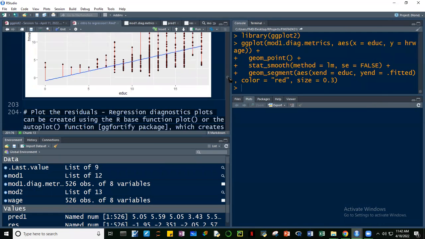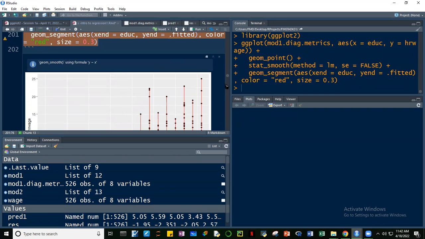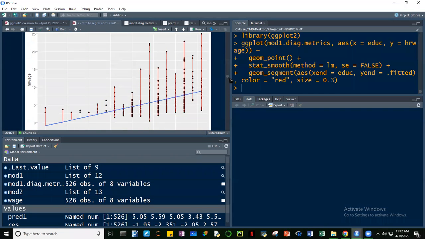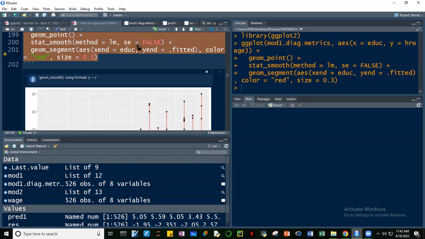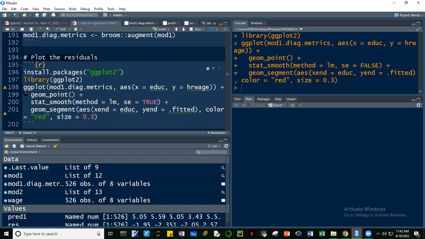All right, in Excel, guys, this plot is difficult to make. If you set se equal to TRUE, let's see what will happen if we include the standard error of your regression line. Let's just plot this.